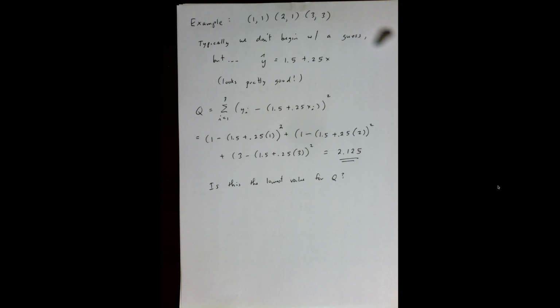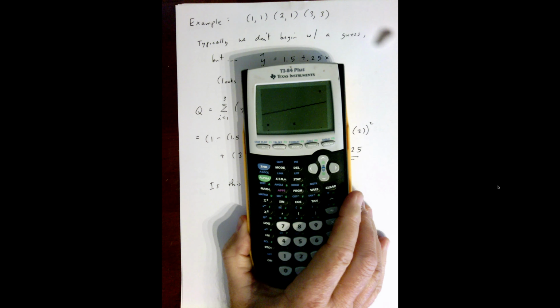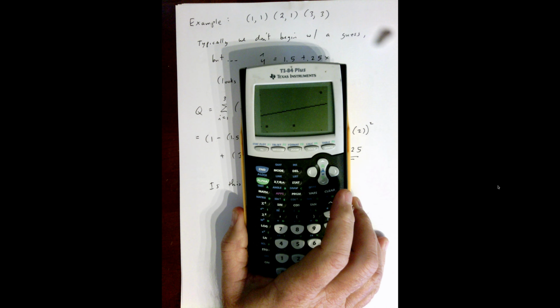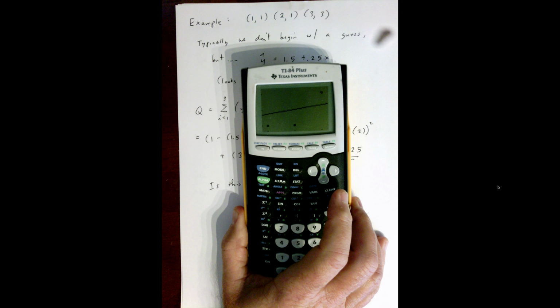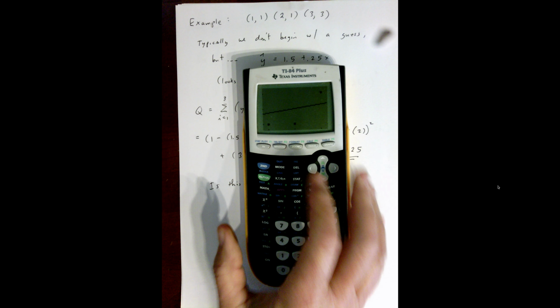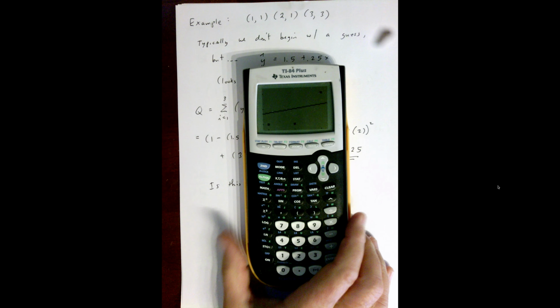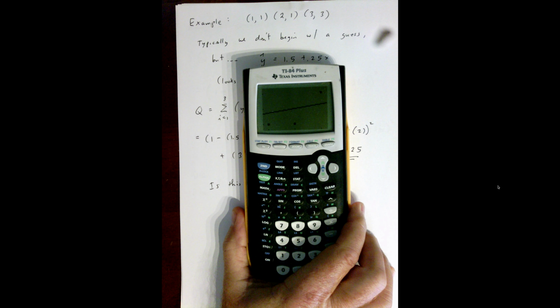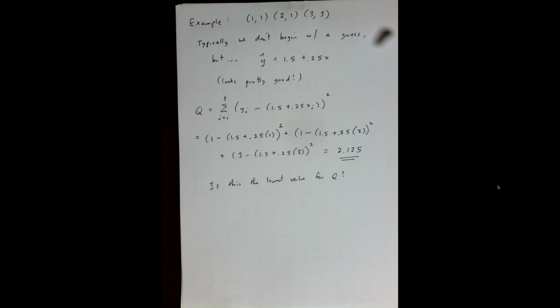Now, what I did is I just went ahead and graphed this on the calculator, and I think it's a reasonable guess, right? I mean, it goes through the central focus of the pattern of data. It seems to balance out the differences between our observed data and the predicted data on the line. So I think it's reasonable.